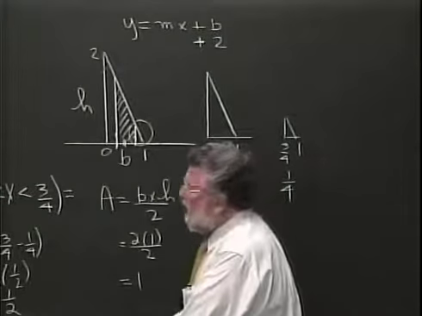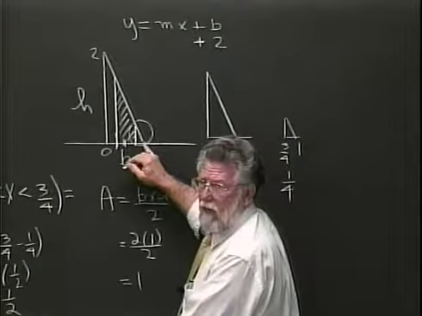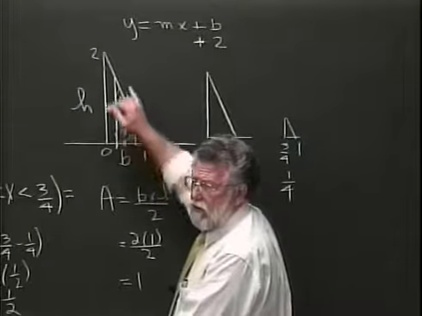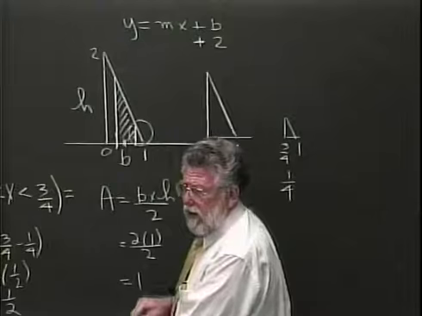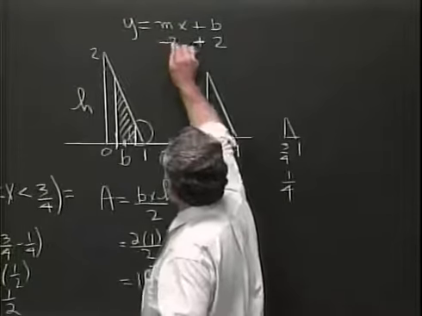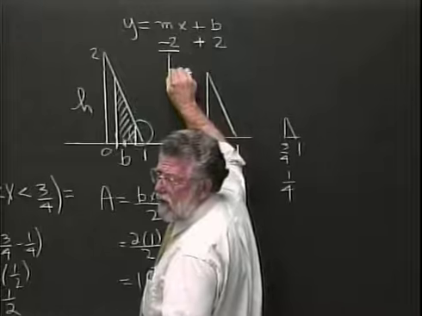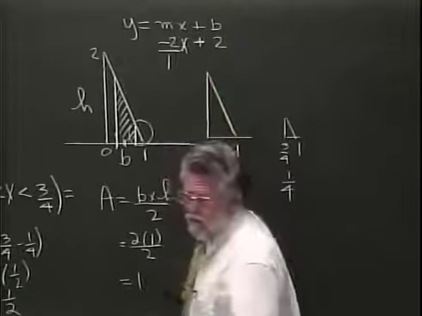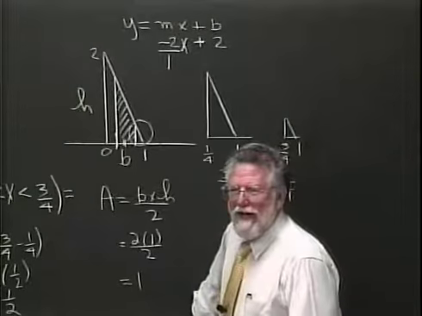So in a sense, as I go from 0 to 1 on this line, I go from a y value of 2 to 0. So the change in y is negative 2 over the change in x, which is 1, which is your definition of slope. And so I have minus 2x plus 2. So I'll concur with your modified answer.